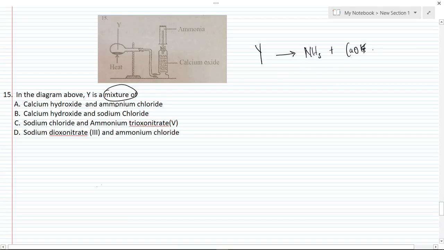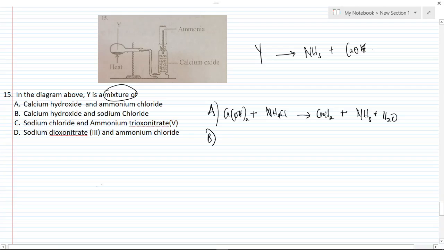Now let's look at the reaction of each and every one of these mixtures. A, we have calcium hydroxide, Ca(OH)2, plus ammonium chloride, NH4Cl. That would pretty much give us calcium chloride plus ammonia and water.